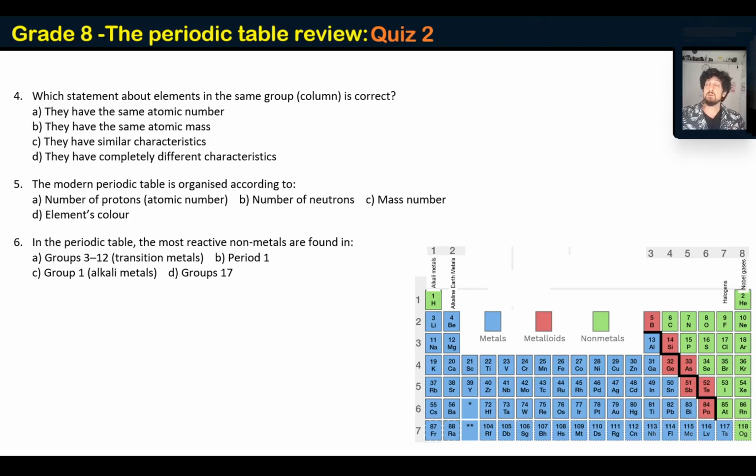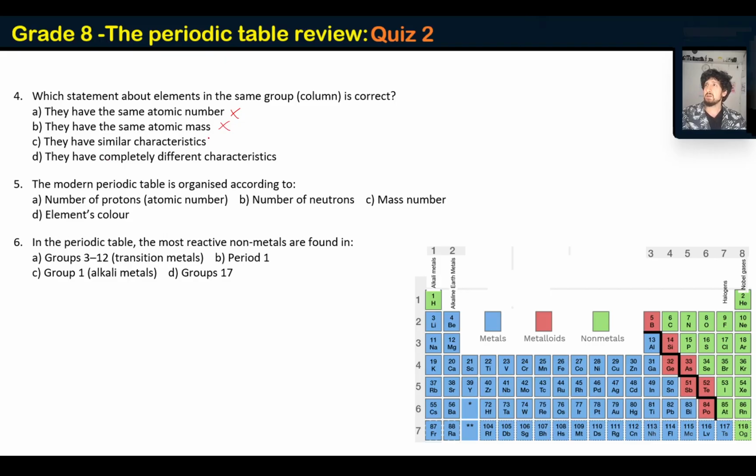All right, so definitely not the first one. What about they have the same atomic mass? Well, that's also incorrect. Because remember, atomic mass is the number of protons and neutrons that an element has. So if they have the same atomic mass, that almost means like they're the same element. So no.